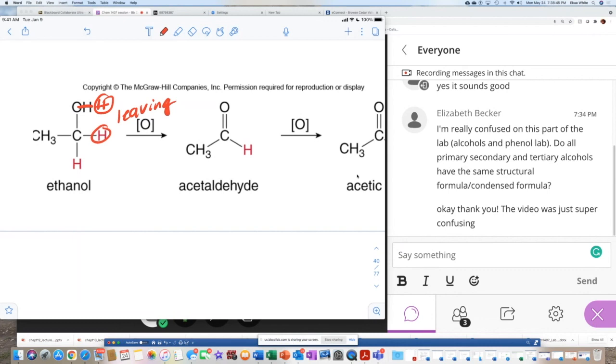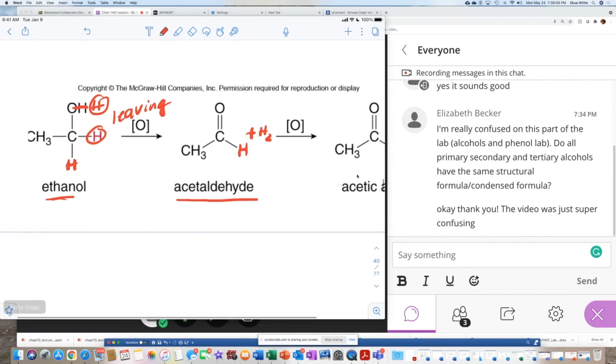Okay? And this bottom one here is this. So when they go from ethanol to acetaldehyde, they're already gone. You can say here plus the hydrogen. The hydrogen has already left the group, right? So we have H2 leaving, right?